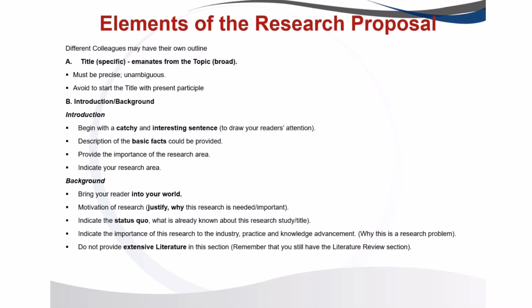Sometimes in the background, students don't indicate why this aspect of using corporal punishment as a disciplinary measure is a problem. Why? There is literature which can give you that, but you can also give it from your own understanding as a researcher. I just want to indicate why corporal punishment is a problem.